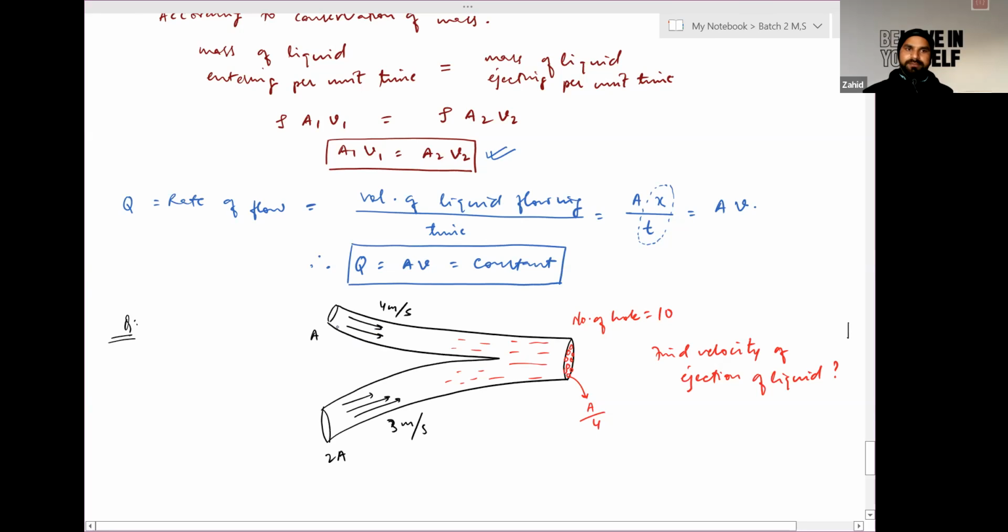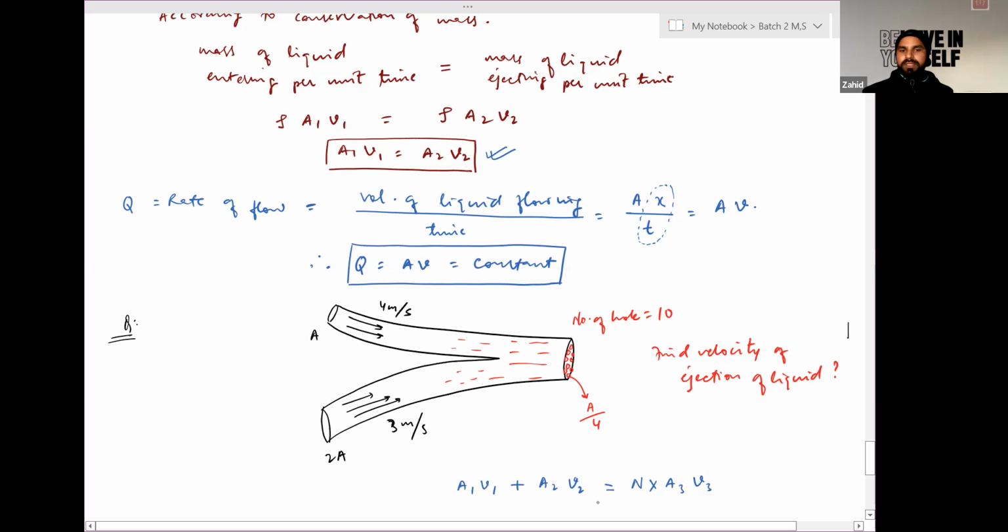We have two arms on the left through which liquid is entering, so we can write A1 V1 plus A2 V2, which must equal n number of small holes, each having area A3 and velocity V3.